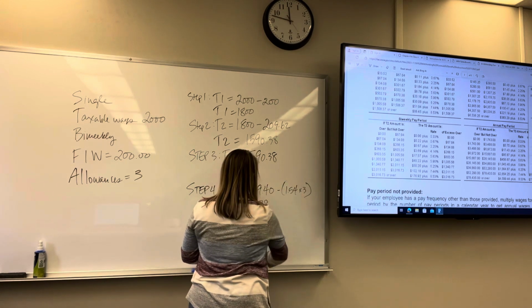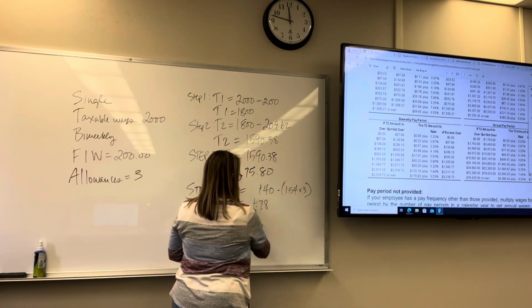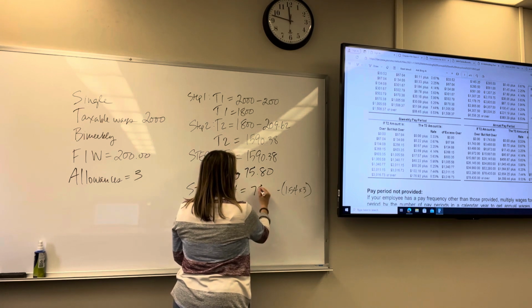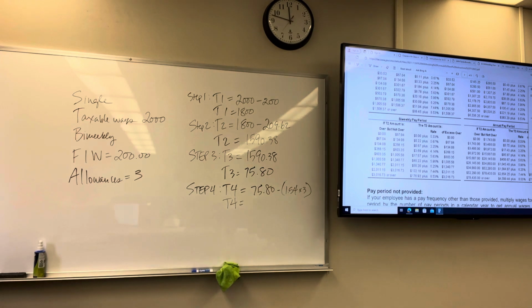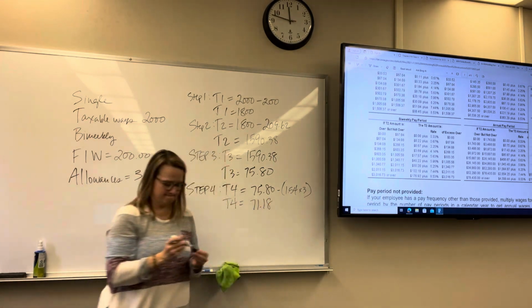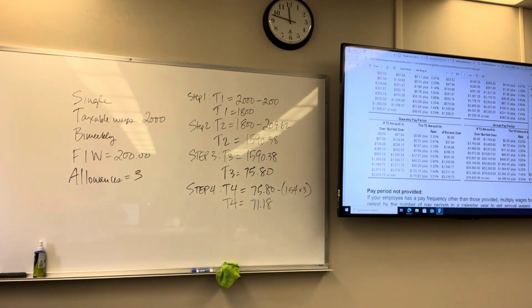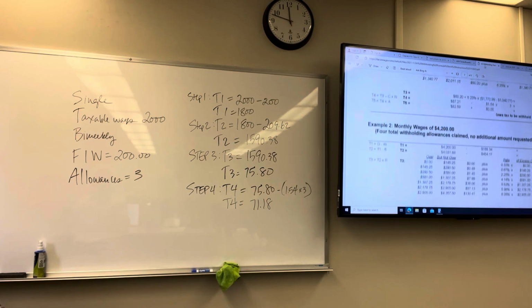I don't think that's supposed to be like that. 75.80, minus that 1.54 times 3, minus 71.18. All right. So very similar to that federal method.